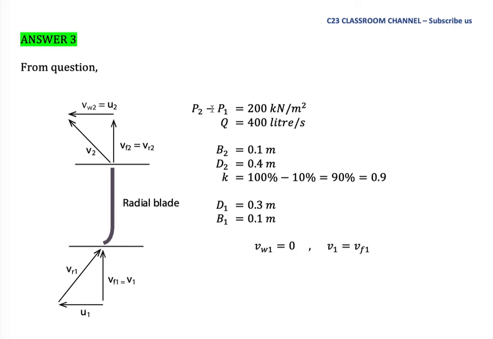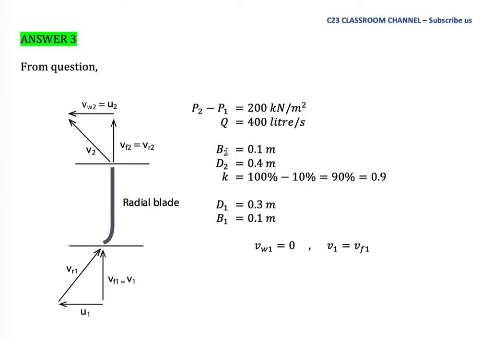We have the pressure difference, we have the flow rate, and for this question, the flow rate is in liters per second, so you need to convert to meter cube per second. You must know that 1 meter cube is equal to 1000 liters, so you could do the conversion.